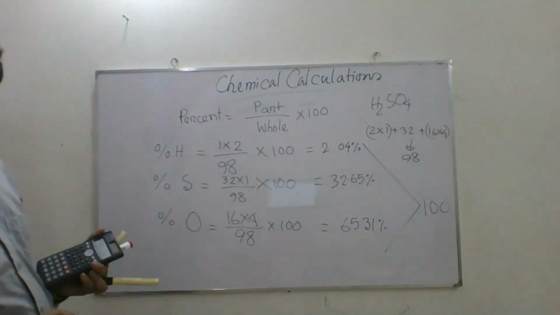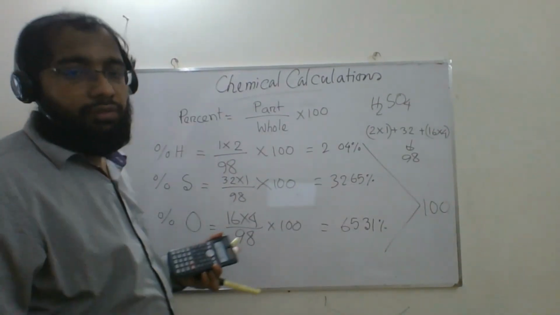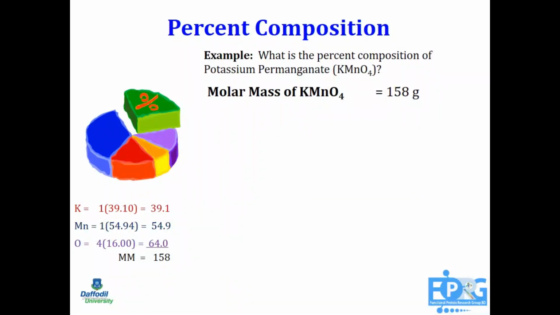So what is the step if we consider another compound, like potassium permanganate? We know the molar mass of potassium permanganate is 158. Now the atomic mass of potassium is 39.1, manganese is 54.94, and oxygen is 16.